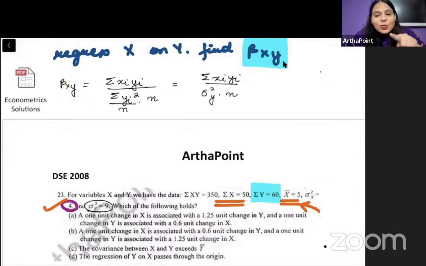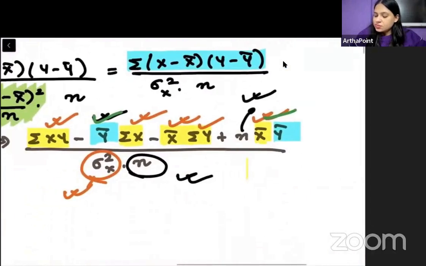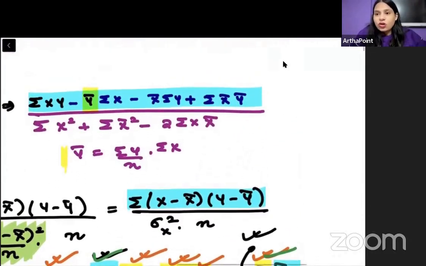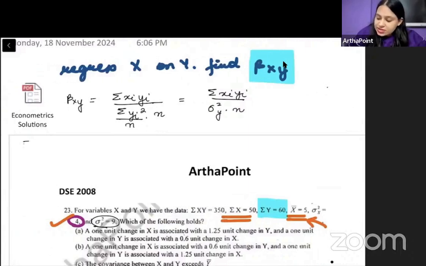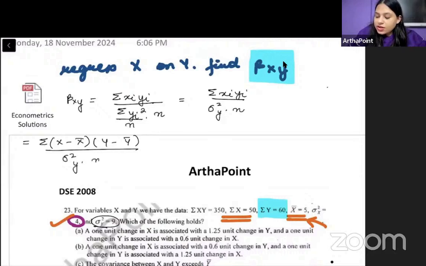Numerator you have already solved, so ideally you don't even have to solve again. You already know what will happen when you open the numerator. You will get summation x minus x bar, y minus y bar, upon sigma square y into n.